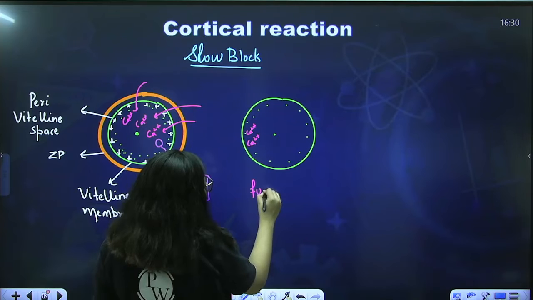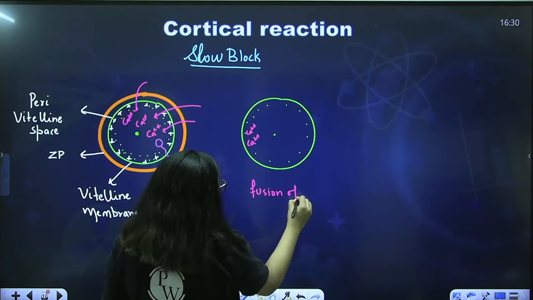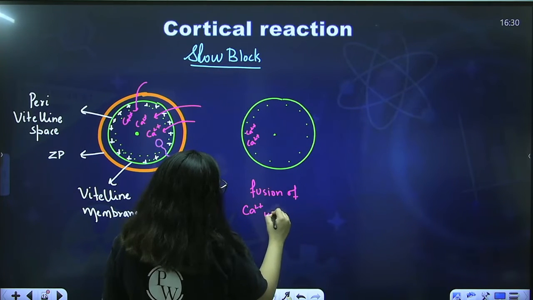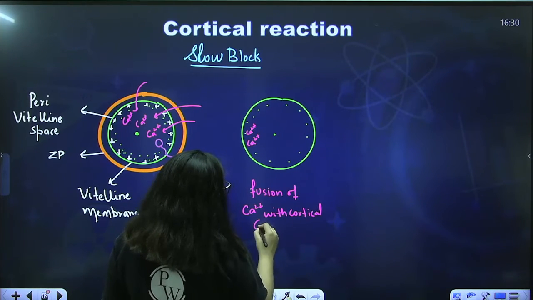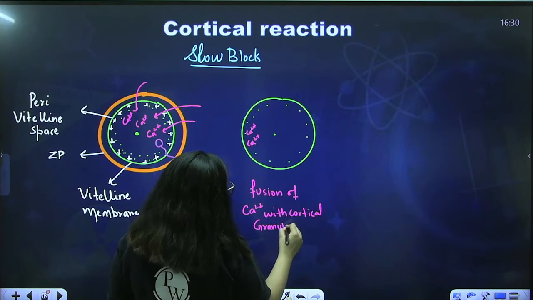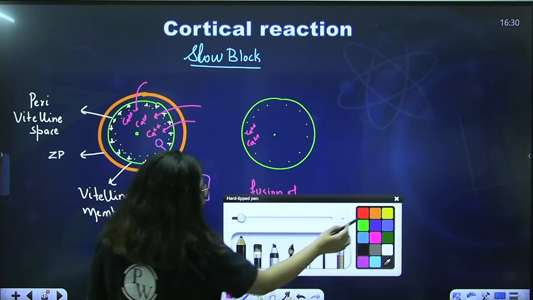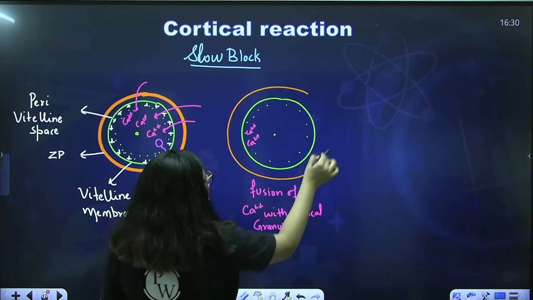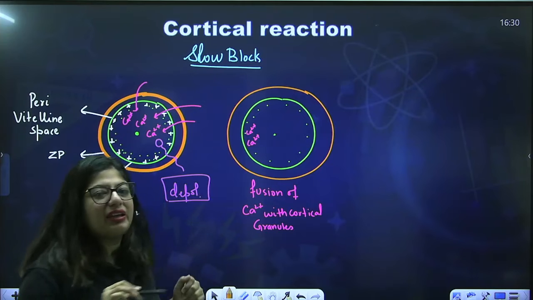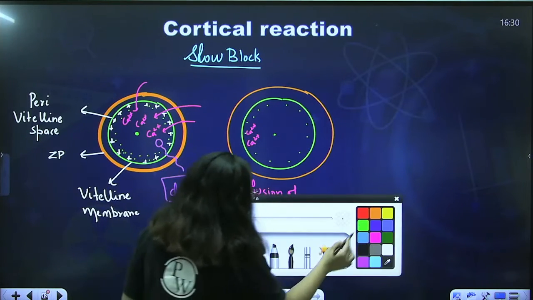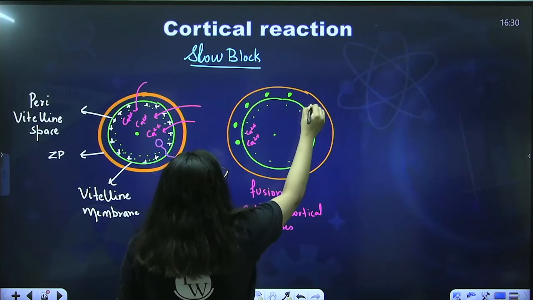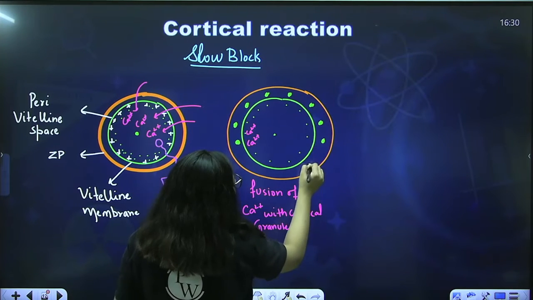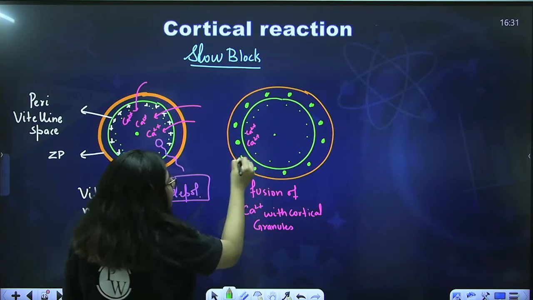So there is fusion of calcium ion with cortical granules. When they fuse with the calcium ion, they will start moving inside the perivitelline space.